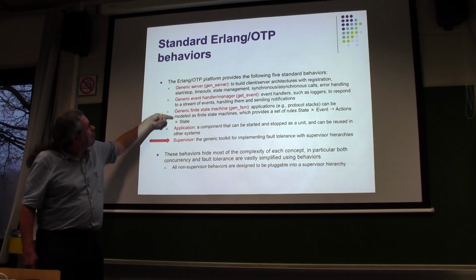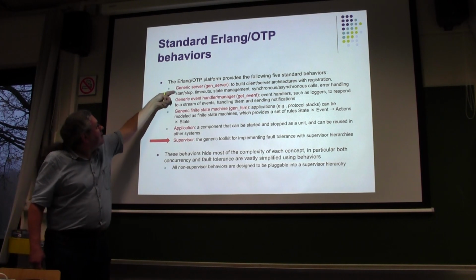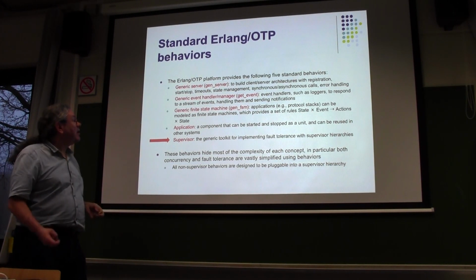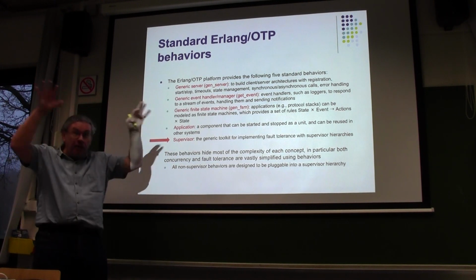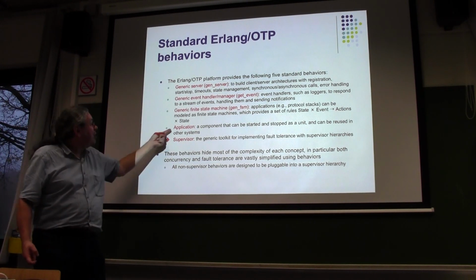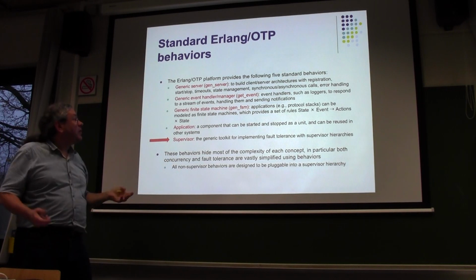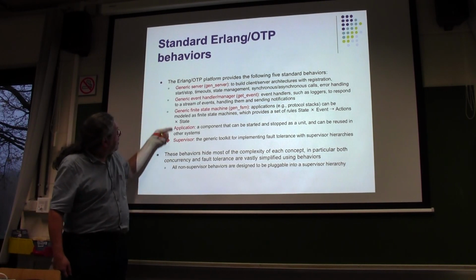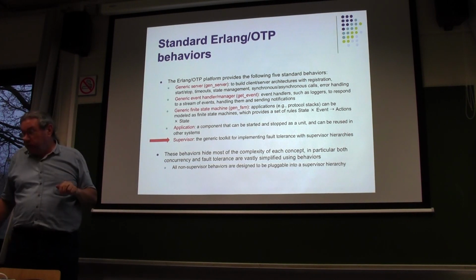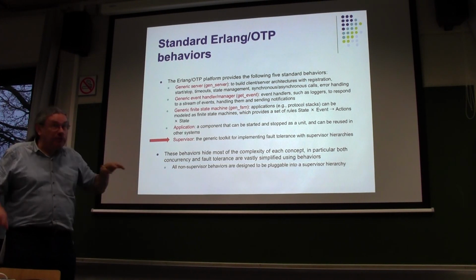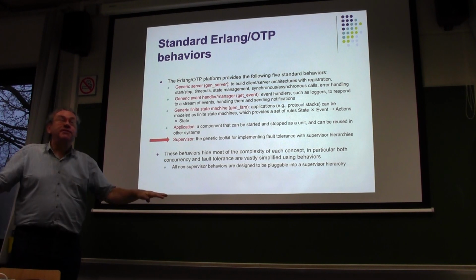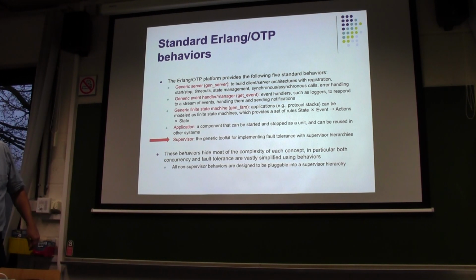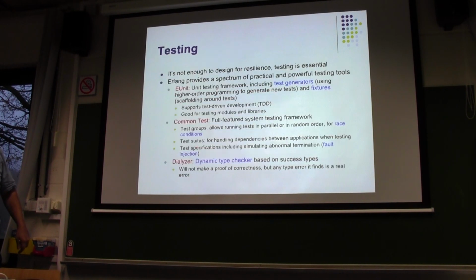Okay, so this is the core of the computation, and then the other 2 are for how things are communicating, and then there's the bundling of everything into an application that can be started and stopped together, and this is the application behavior. So these 5 behaviors are really the core, and they're built on top of the simple message passing and linking. Okay, that's the second thing.